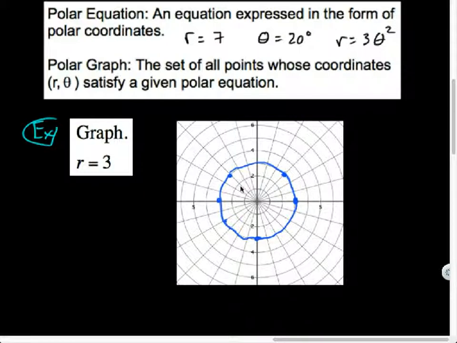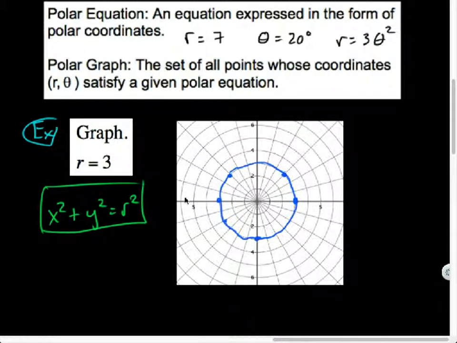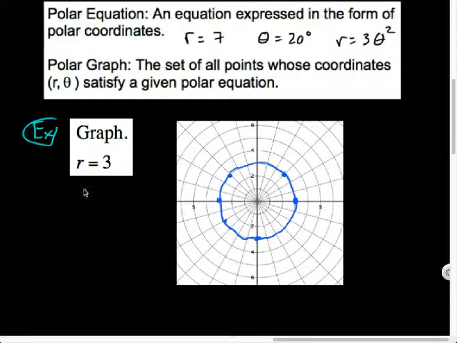So in polar equation speak, r equals a number is the equation of a circle. Which I'd like to point out is a circle centered about the pole, or the origin. Which notice is a little easier than this, which is what the equation of a circle was in rectangular form. So yeah, this is a circle with radius 3.